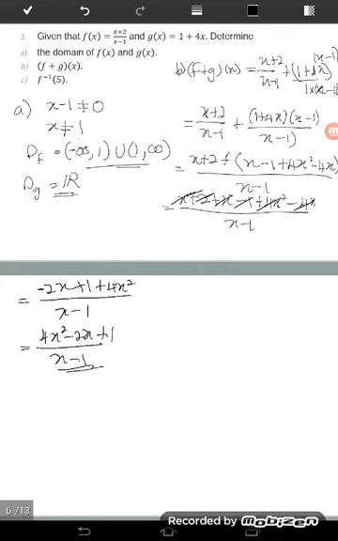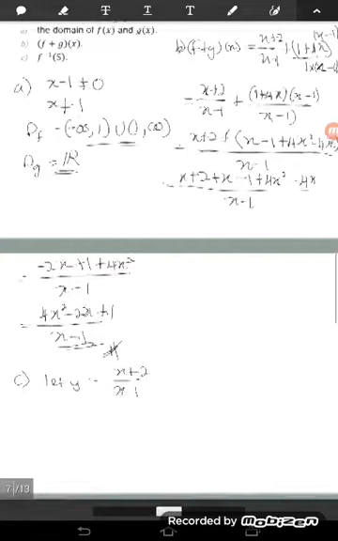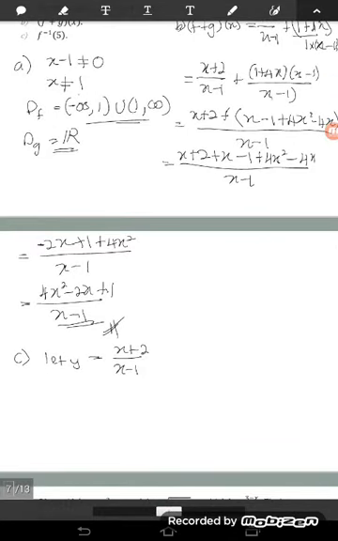Okay, so next, part c, f inverse of 5. So first we find the inverse of f. Okay, so let y be equal to x plus 2 over x minus 1, and then solve for x.